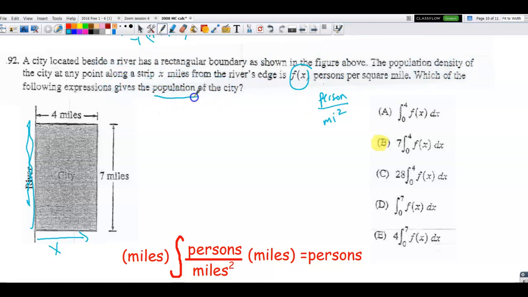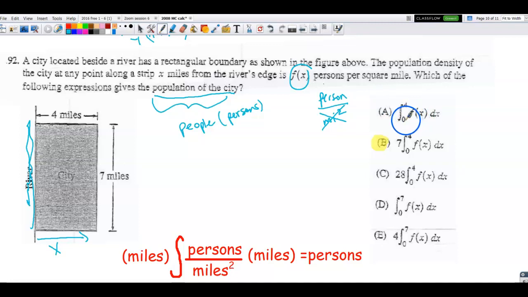Which of the following expressions gives the population? We want the population of the city. Now, let's think about it. Common sense tells you that the population of the city would be measured in people or persons. So we're trying to look at these expressions, and the mile squared needs to go. So when we integrate or whatever we're going to do, we're going to have to get rid of those units.